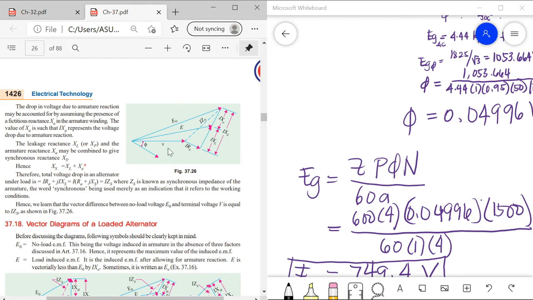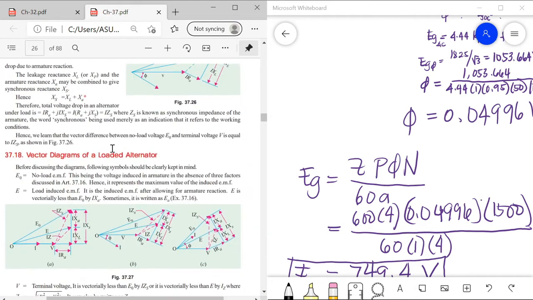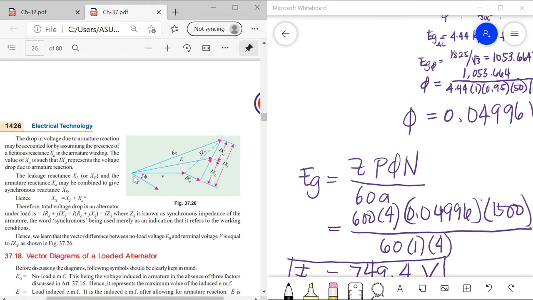So this is now the vector diagram of the synchronous machine. This is IRA, in phase with the current. This is the current, and IXS is the sum of IXL plus IXA.